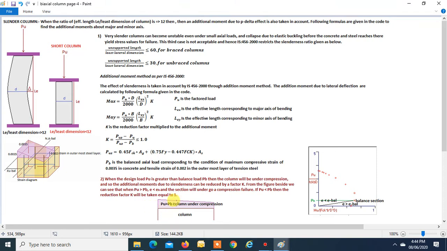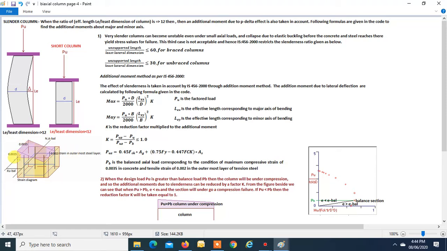So, what is balance load? How to find the balance load? PB is the balanced axial load corresponding to the condition of the maximum compressive strain equal to 0.0035 in concrete. Say suppose we want to find the balance load about the major axis.